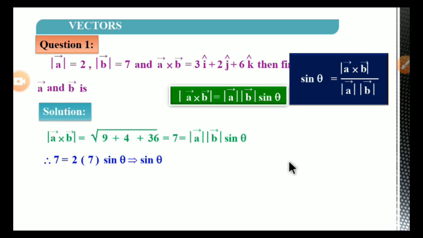And this implies sine theta is equal to, after the cancellation of 7 and 7 on both sides, sine theta becomes 1 by 2. So from the values of the trigonometric table, theta becomes pi by 6. So this is the angle between the vectors A and B.